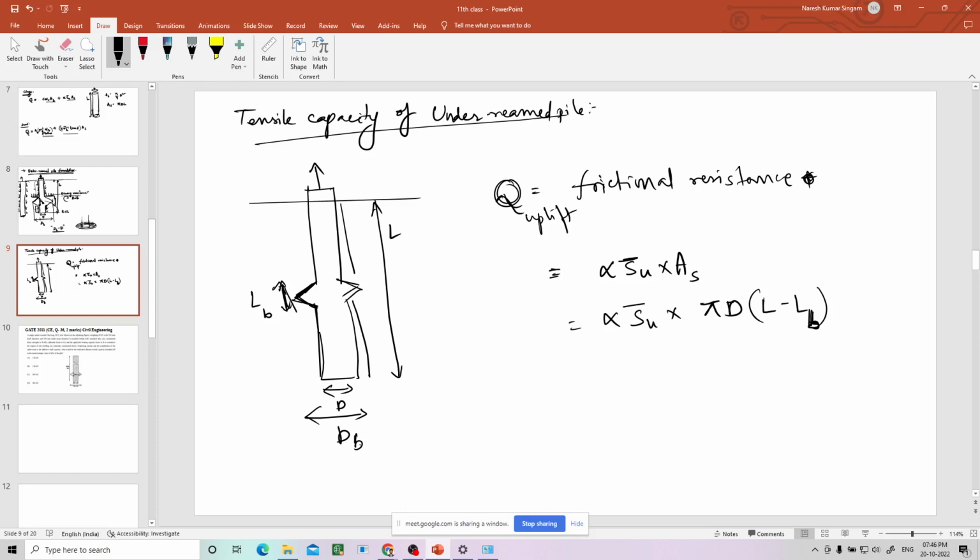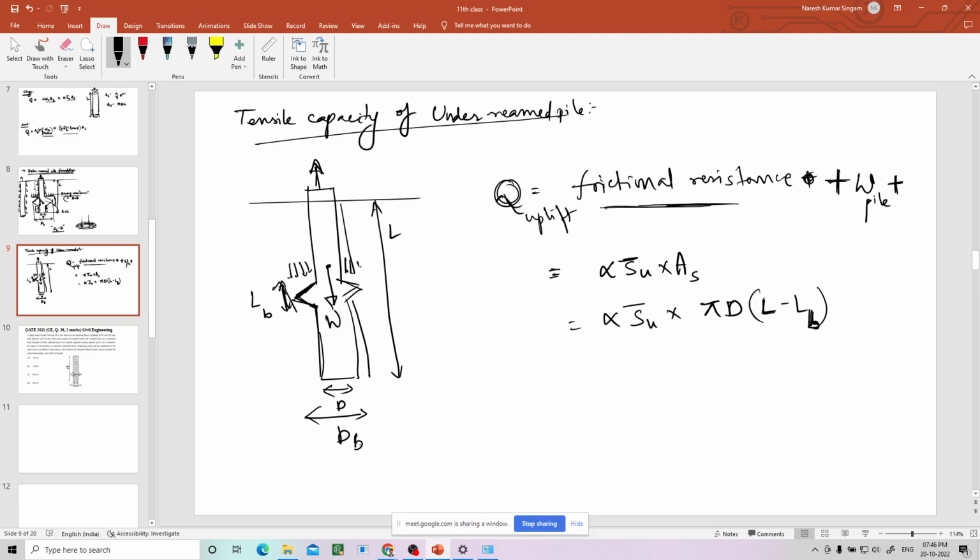If it comes to the underreamed pile, you have to deduct that LB portion. So frictional resistance is fine. And what other resistance can be added when you're applying upward load? The weight of the pile. If it is W, that weight will also act downward. That will also give some resistance. Weight of the pile. And what other portion from the underreamed pile? This bearing resistance, right?